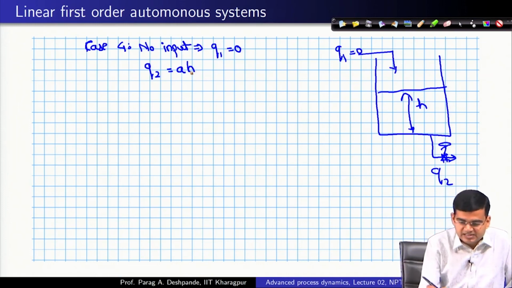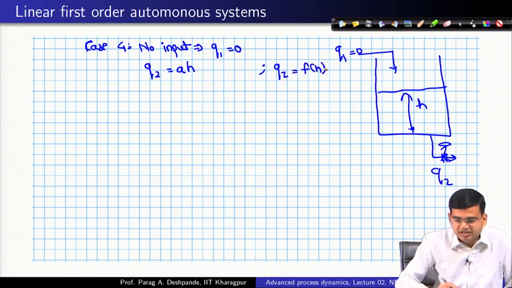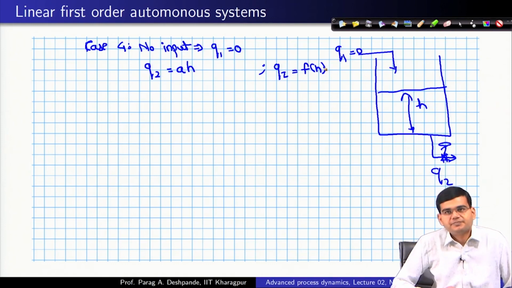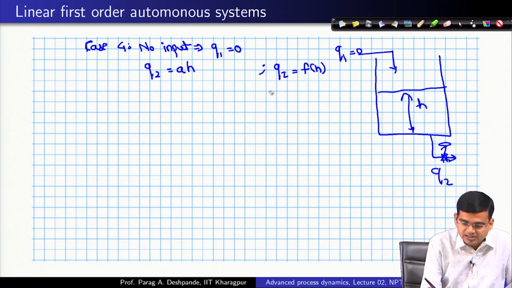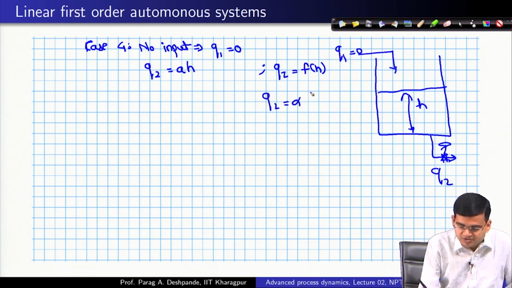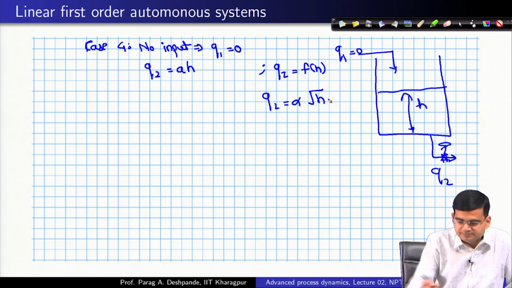In the previous case we said that q 2 is a function of h, and f of h can be anything, depending upon the valve that you use. In fact, for the case of gravity driven flow, this would vary as q 2 equals alpha times root over h.